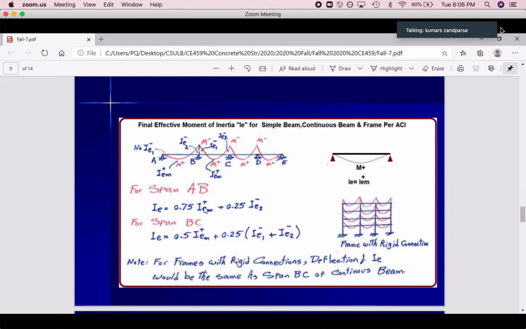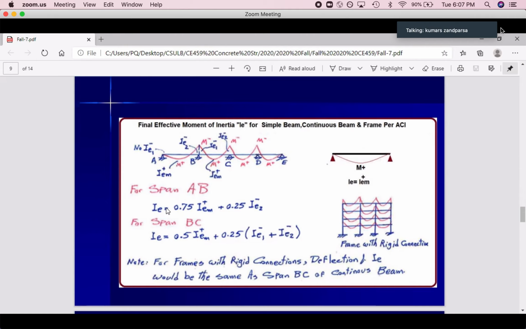There are actually different equations in papers. In the future, if you like to write papers, and as I mentioned, I'm reviewing papers for the ACI journal, I see a lot of different equations, and the book mentions different equations as well.